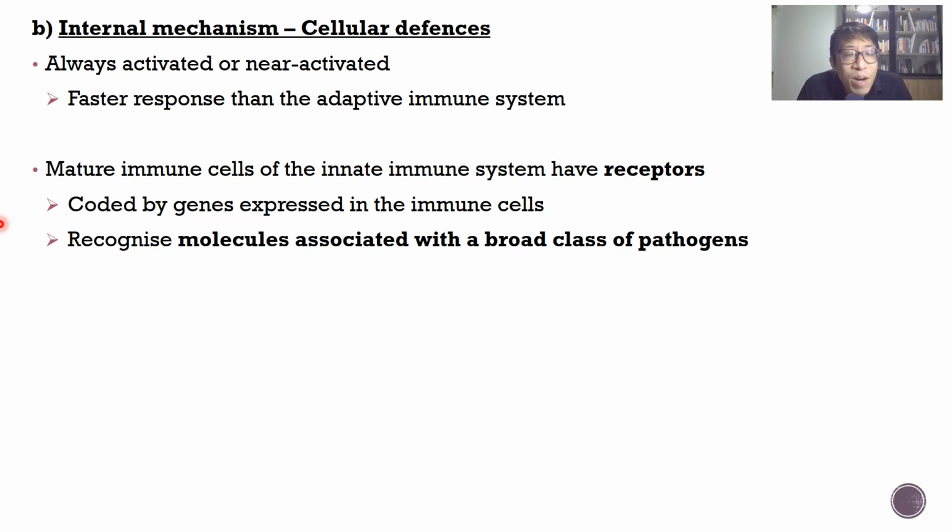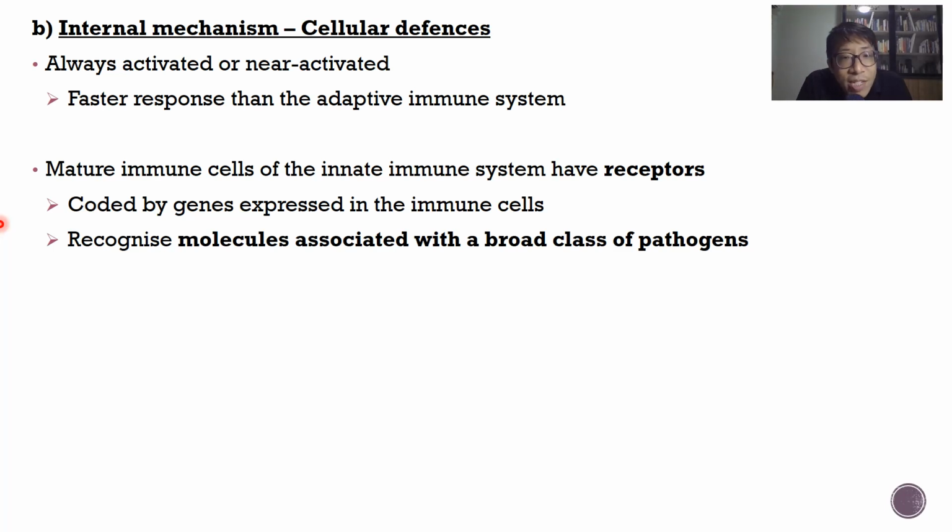The cells of the innate immune system have receptors that recognize antigens on the pathogens. This we have talked about in the previous video. The innate immune system is non-specific because the receptors on its cells don't recognize very specific antigens. They recognize antigens that are found on many different pathogens.